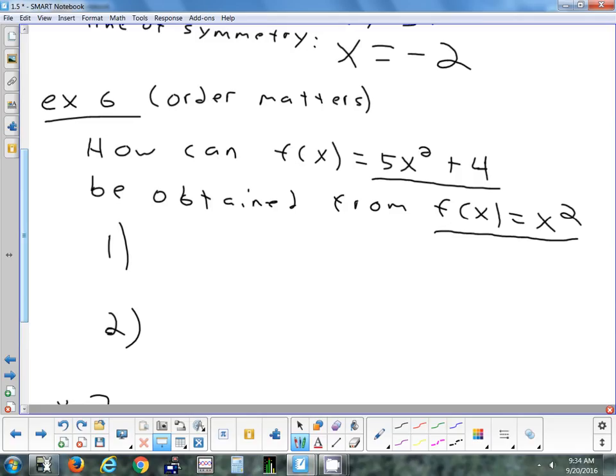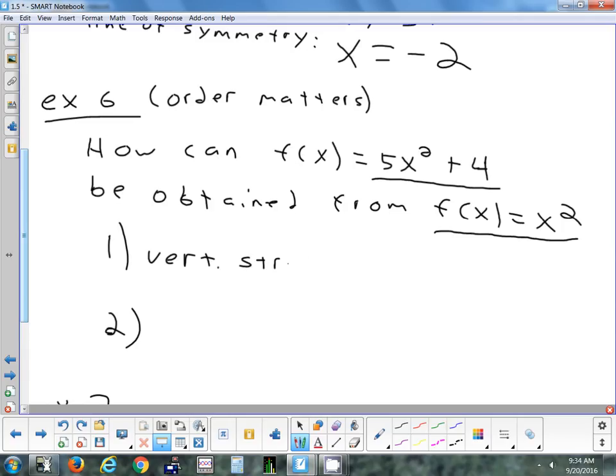Okay, let's start with the 5. Okay, what's the 5 doing? The graph of parabola, right? Which direction? Is it vertical? Yeah, vertical. And is it going to stretch or compress? Stretch, right? Numbers bigger than 1, stretch. Numbers between 0 and 1, compress.